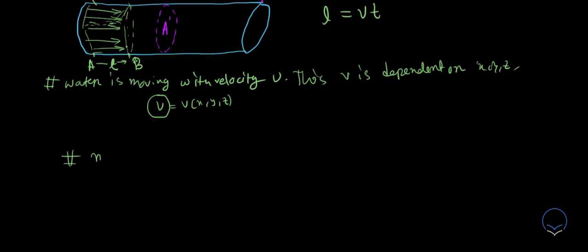So the mass m will be rho, that is the density of the water, times the volume. So let me use capital V. And this volume is nothing but the cross section, that is A prime, times the length. So we are going to write it as rho A prime V t, like this.